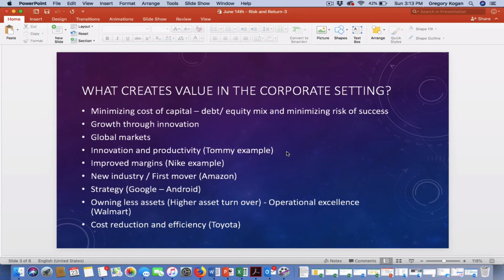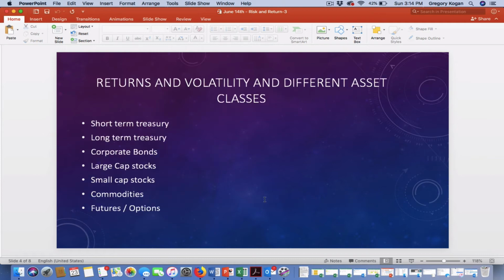Others are growing through innovation, global markets, innovation and productivity, improved margins, new industry, being a first mover, business strategy, owning fewer assets, having higher asset turnover, and cost. All these ways are to increase value in the business. Ultimately, what drives value is higher returns, and that actually reduces your risk.